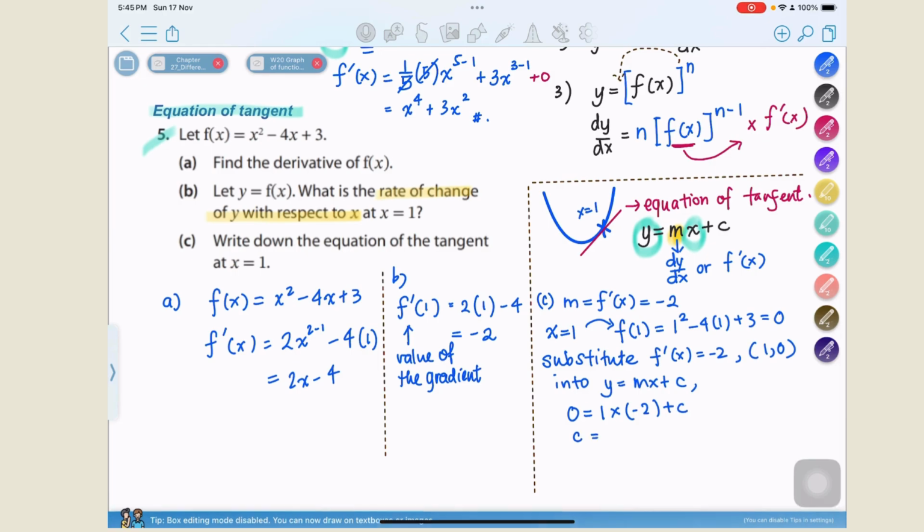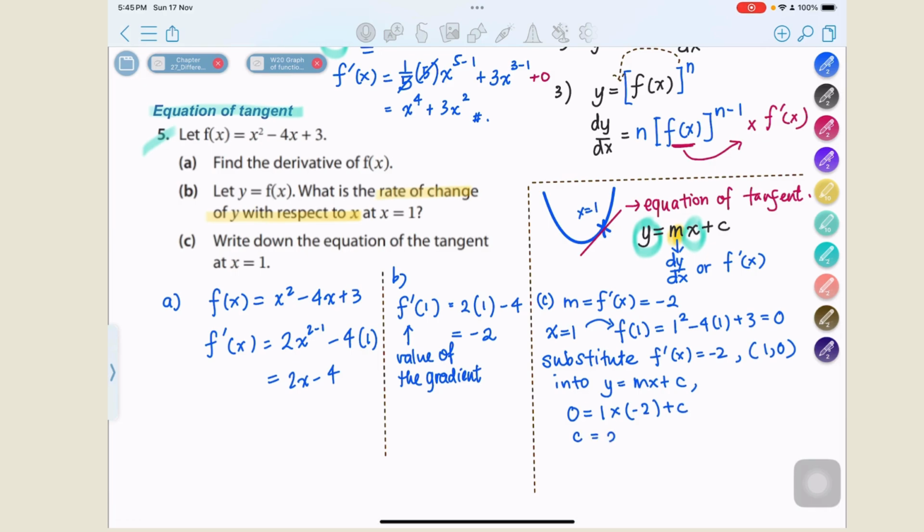Basically my c equals 2. Therefore my equation of tangent is y equals negative 2x plus 2. This is how we find the equation of tangent.